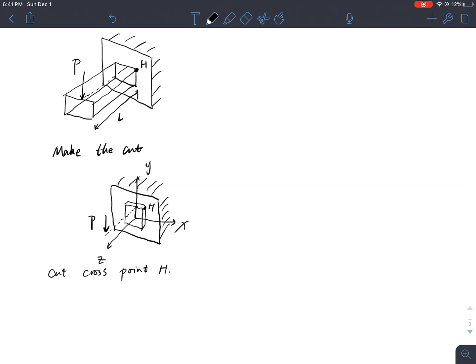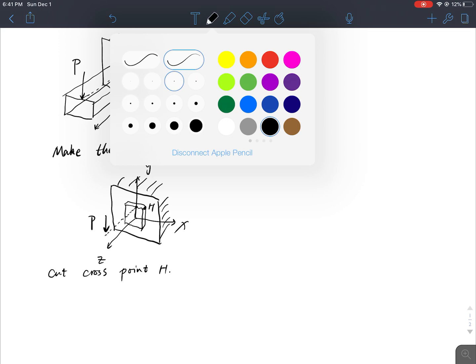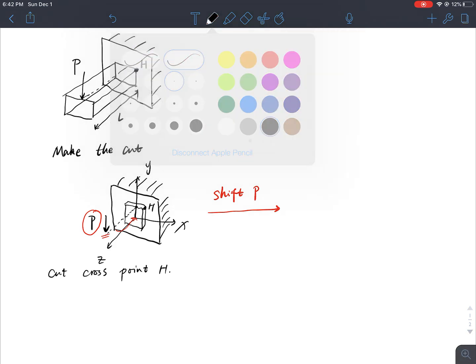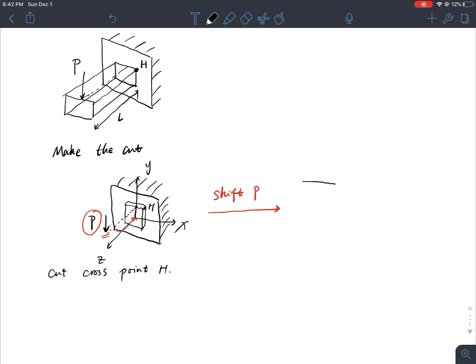What I would like to do is shift P from this location all the way to the center of my cut here.